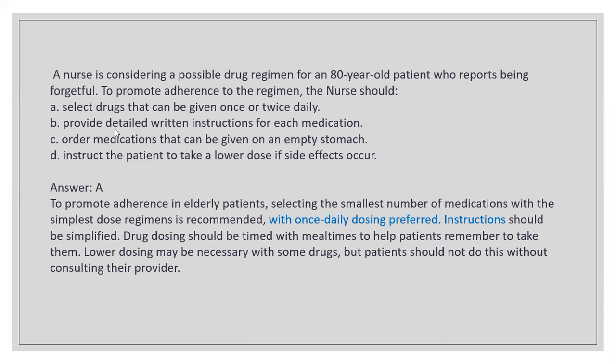Number B, provide detailed written instructions for each medication. Number C, order medication that can be given on an empty stomach. Number D, instruct the patient to take a lower dose if side effects occur.